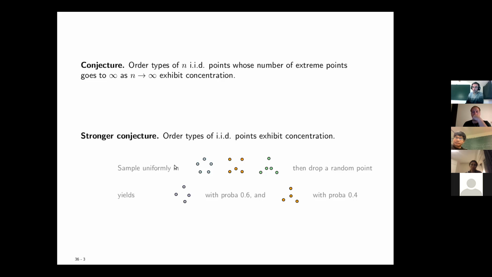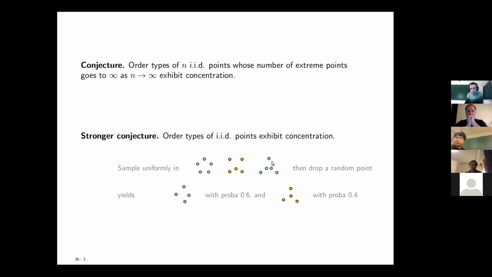Okay, so let me spell it out on order types of size 4. If you want an order type of size 4 and you go for size 5 and you drop a point at random, well, this will always give you 4 in convex position. Here, if you drop this point or that point, you get a triangle with a point inside. On any of the other 3 points, you get 4 points in convex position.